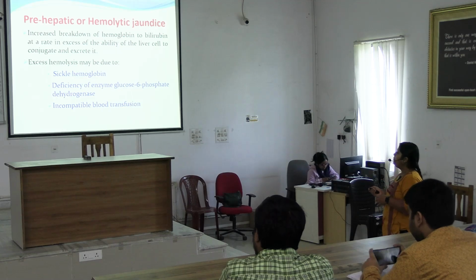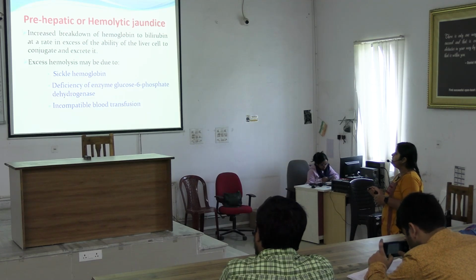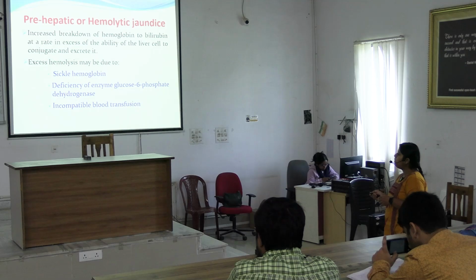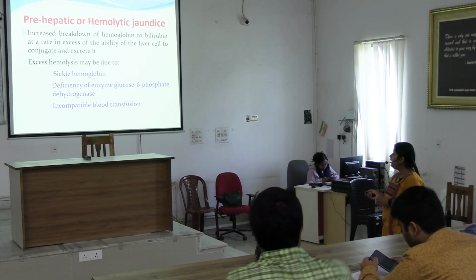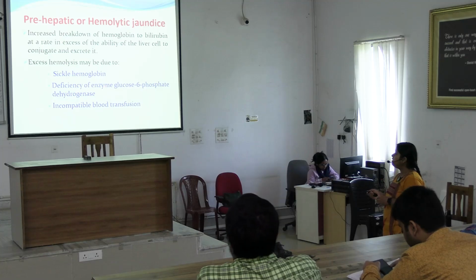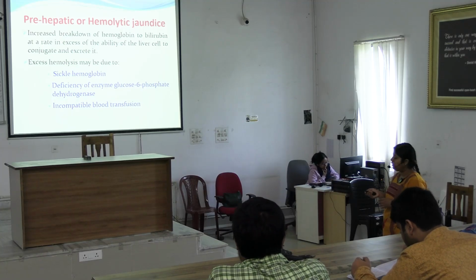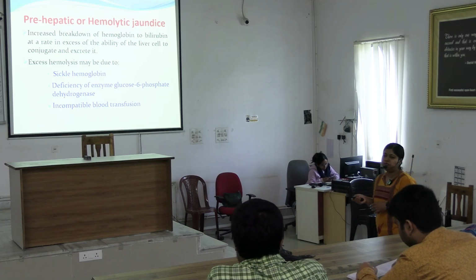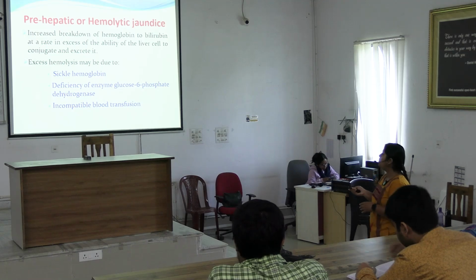Okay, now pre-hepatic or hemolytic jaundice in adults. It increases the breakdown of hemoglobin to bilirubin as there is excess hemolysis, and excess hemolysis can be seen in sickle cell anemia, sickle hemoglobin. In case of deficiency of the enzyme glucose 6-phosphate dehydrogenase, there will be breakdown of RBCs, and in case of incompatible blood transfusion also there will be increased hemolysis.